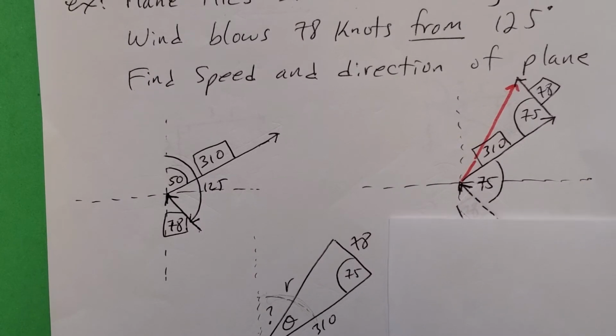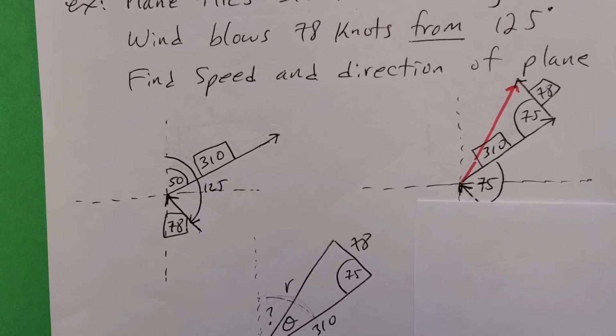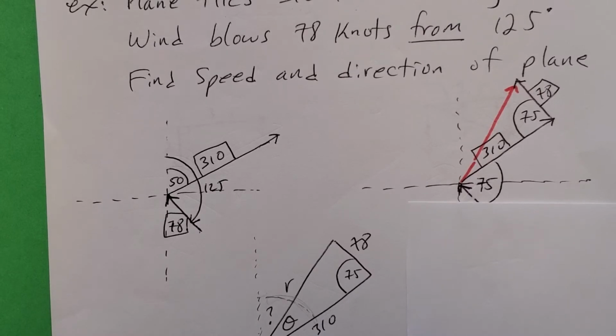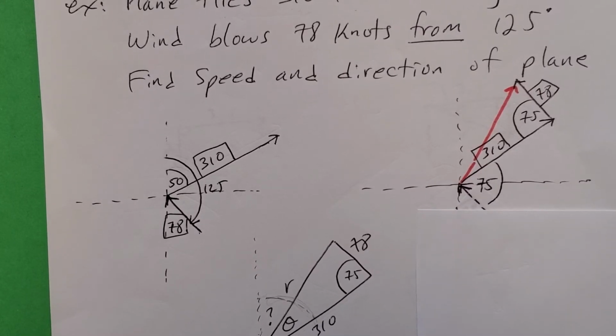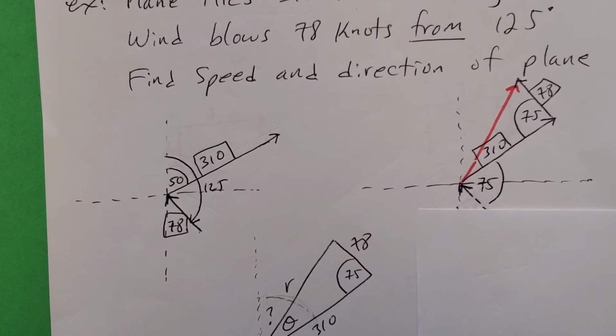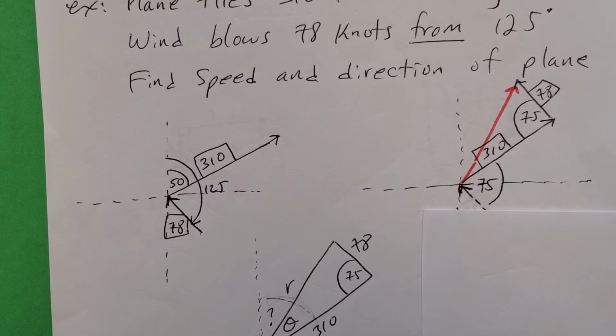So remember the cosine rule? No? Okay, well, look it up. Remember it was a squared equals b squared plus c squared minus 2bc cosine a. It's the cosine rule. I put this in bars to show that I'm looking for the resultant, squared, and I plug in the numbers.